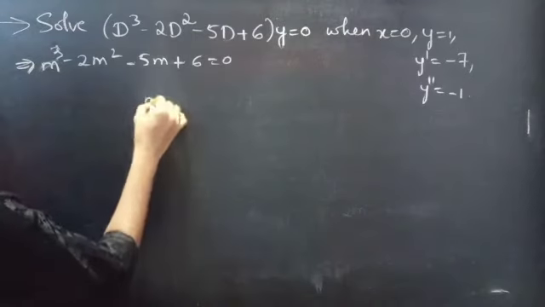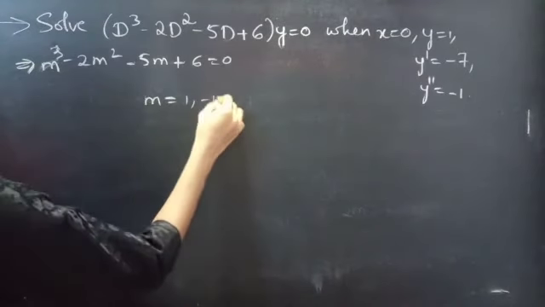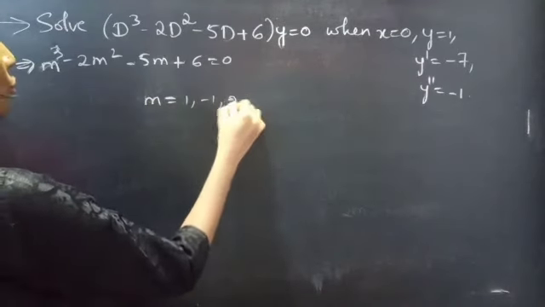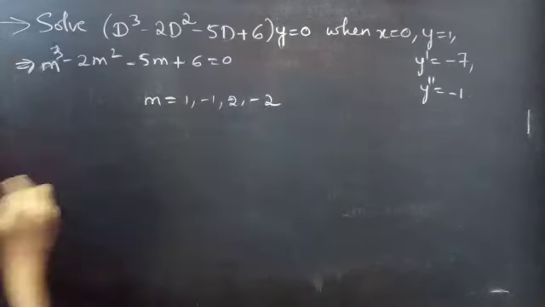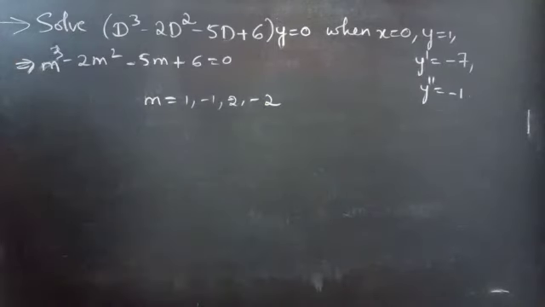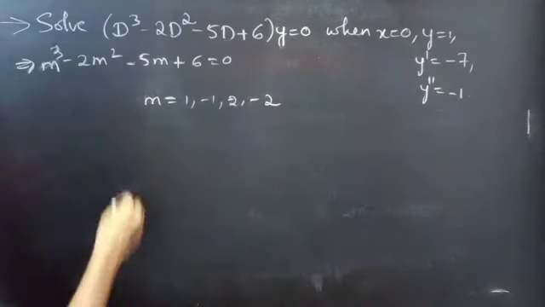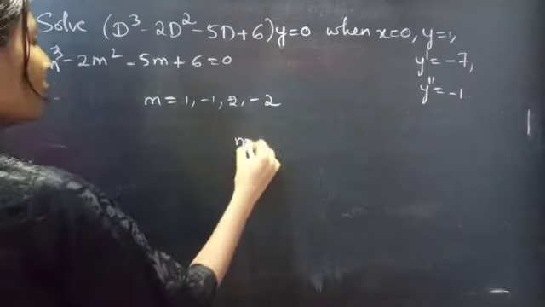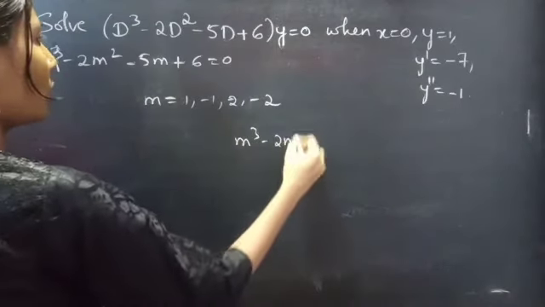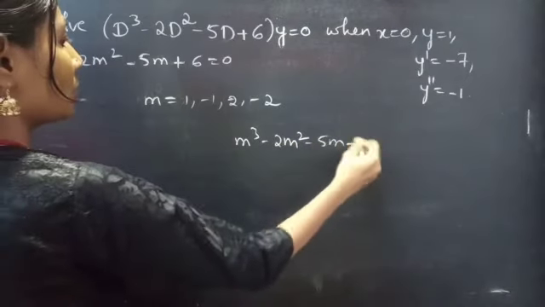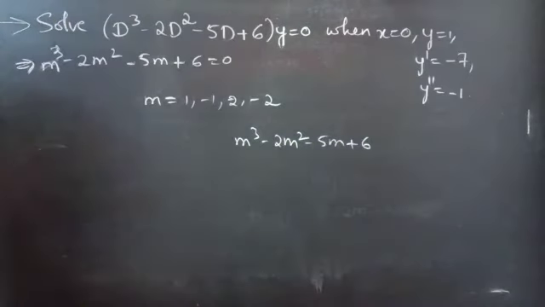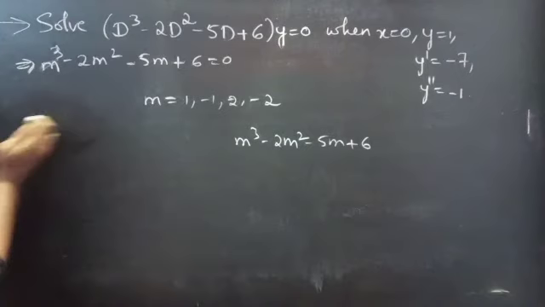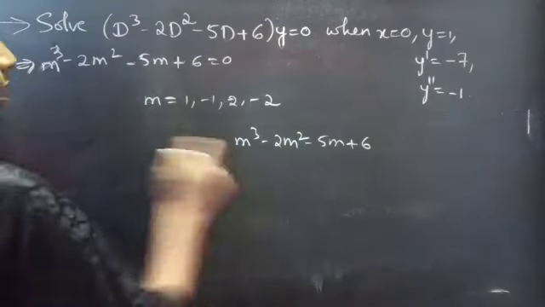Now, we'll choose from 1, minus 1, 2, minus 2. That is, we'll check which m satisfies the polynomial m cube minus 2m square minus 5m plus 6.